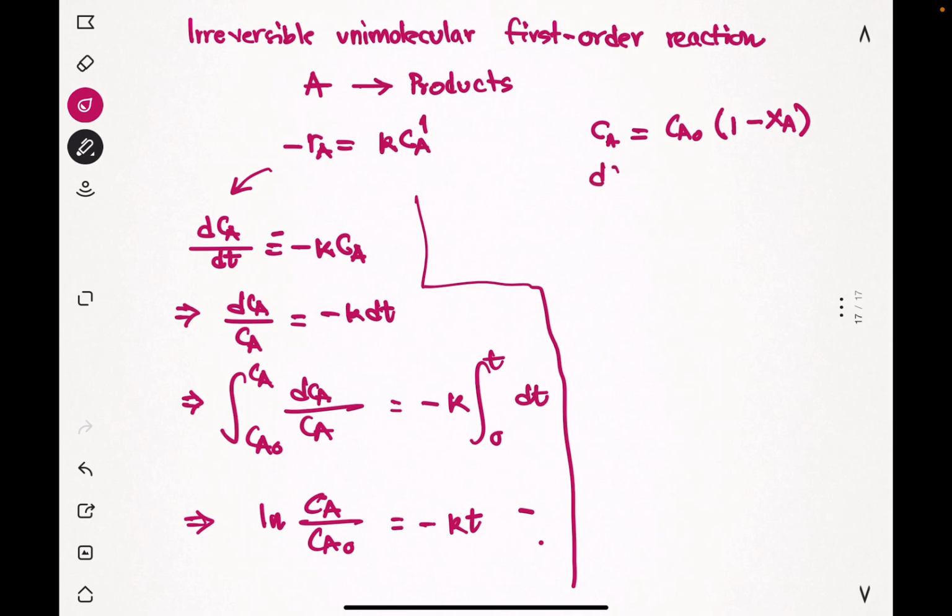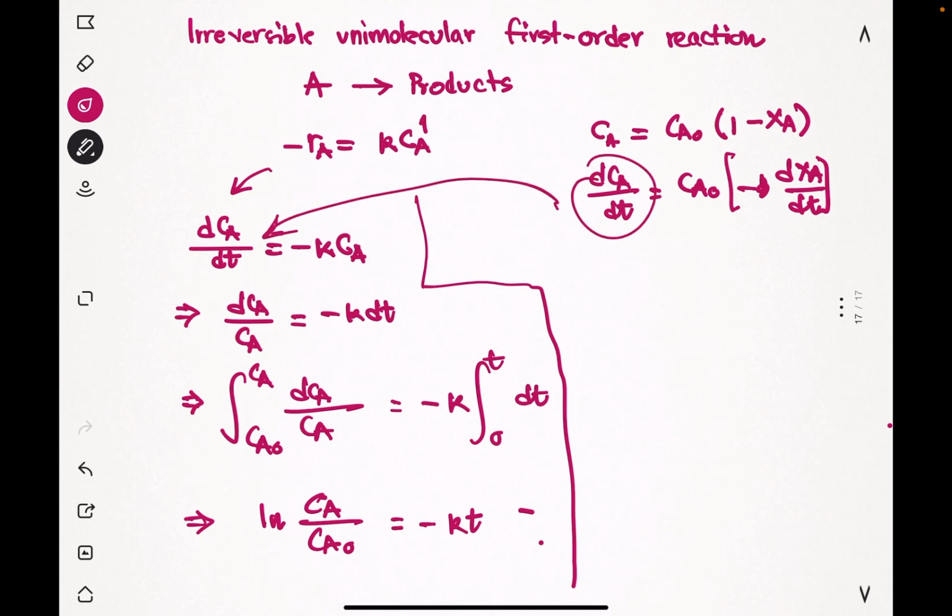So in that case, dCA by dt is basically minus CA naught dXA by dt. If we put this here, this becomes minus CA naught dXA by dt equals negative k CA naught 1 minus XA.